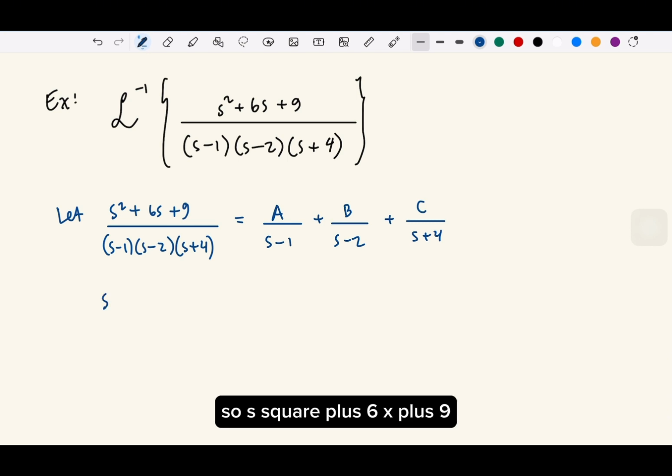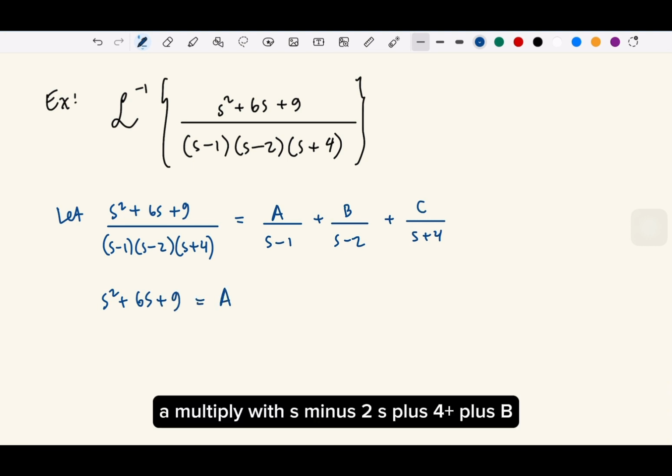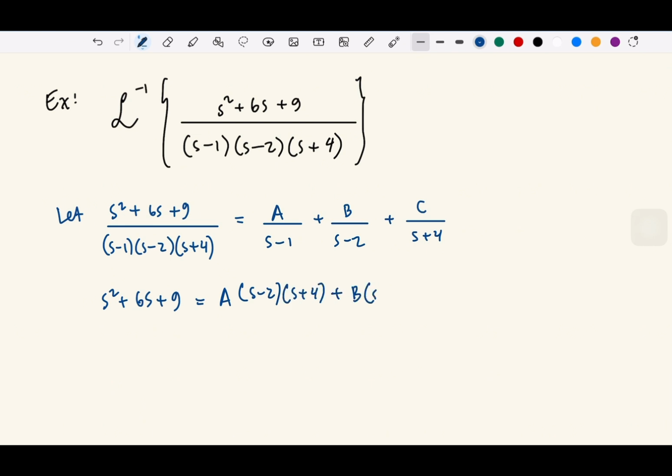So s squared plus 6s plus 9 equals A multiplied with s minus 2, s plus 4, plus B, and then plus C. Okay.